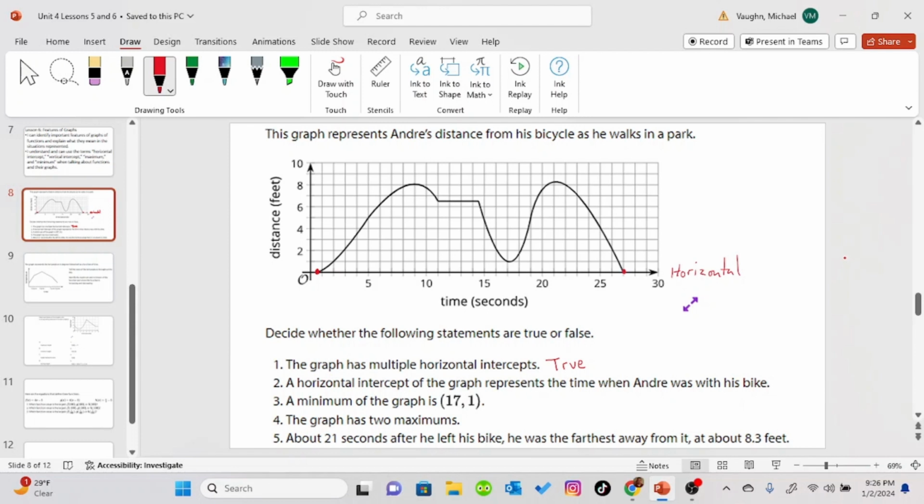So when our vertical distance is 0, that means Andre is with his bicycle. So this would represent that Andre is with his bicycle for the first half a second, and then he is back with his bicycle at about 27 seconds. So number 2 is true.